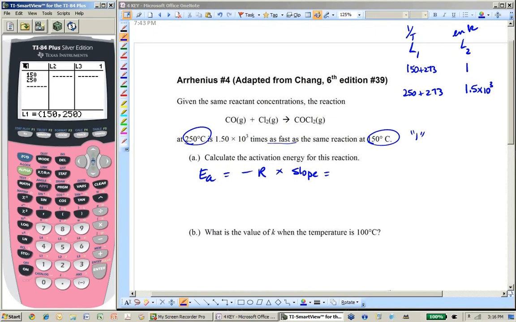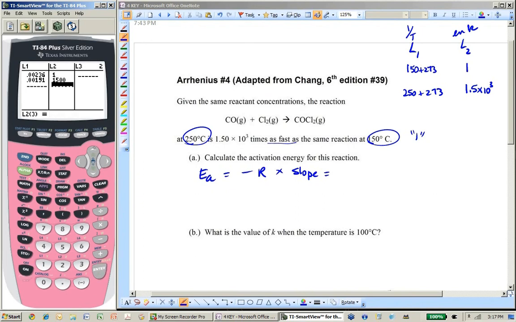I'm going to take everything in L1. I'm going to add the 273. I'm going to add the 0.152. And then I'm going to take the reciprocal. There. Okay, then I'm going to come over here, and I'm going to put in 1 and 1.5 second EE 3.